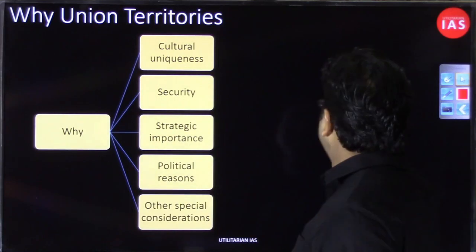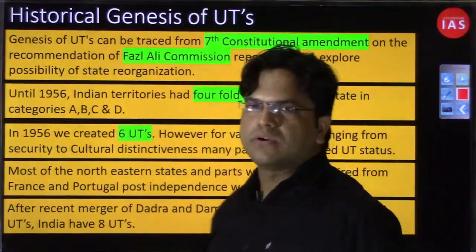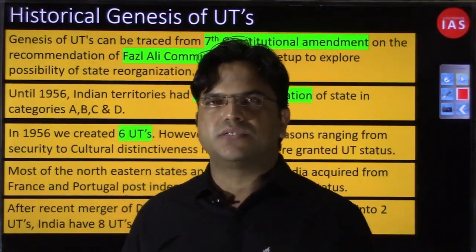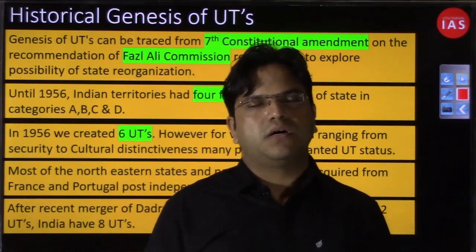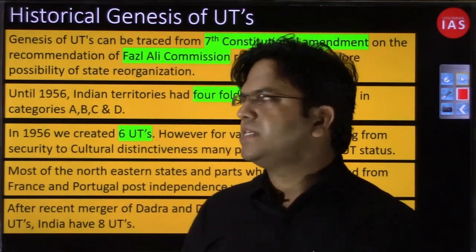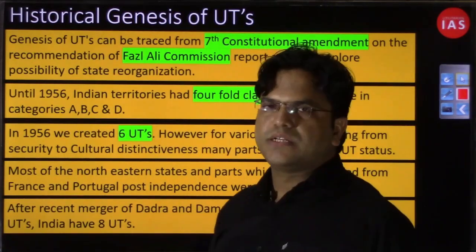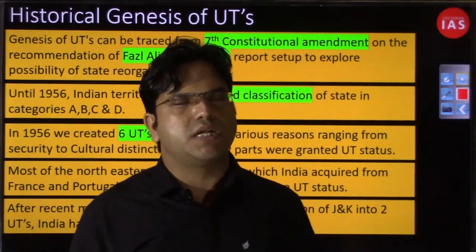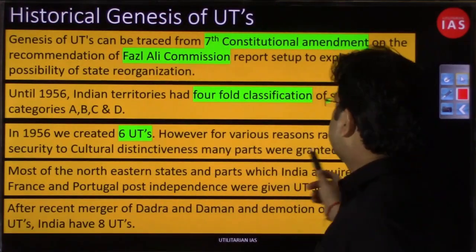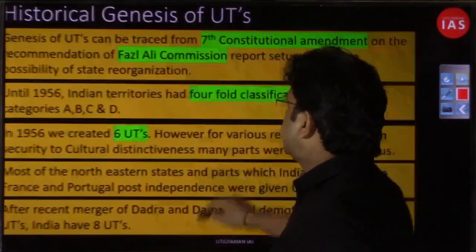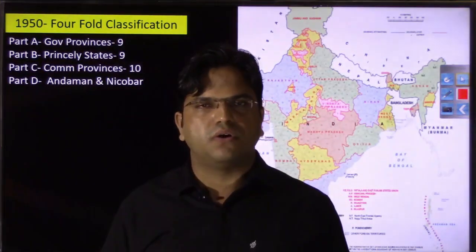Let us move to the next slide and start tracing the historical genesis of union territories. Again I have to go to that chapter on union territories, where we described that in the Indian Constitution at the time of operationalization in 1950, we did not have something called union territories. What we had in 1950 was a fourfold classification of the states.